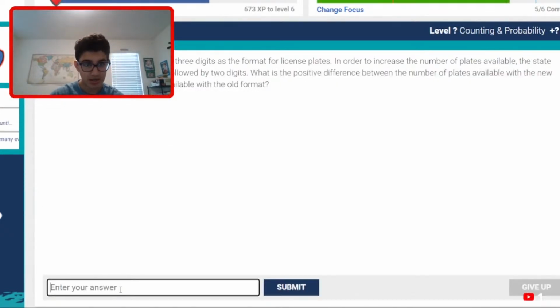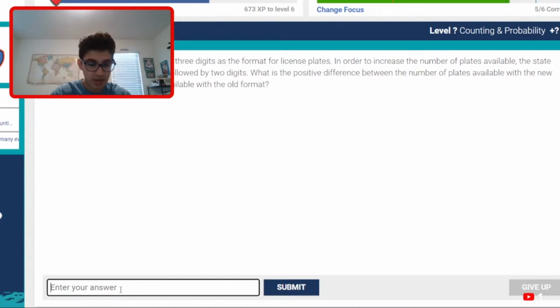Okay, a state had three letters followed by three digits as a format for license plates. In order to increase the number of plates available, the state changed the format to four letters followed by two digits. Okay, so for the digits you've got 0 to 9, which means 10.